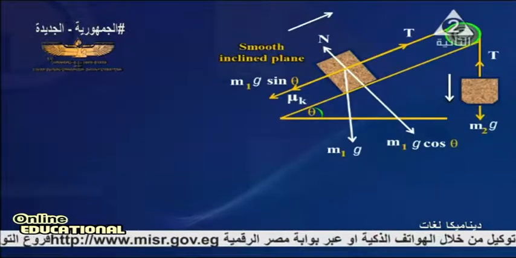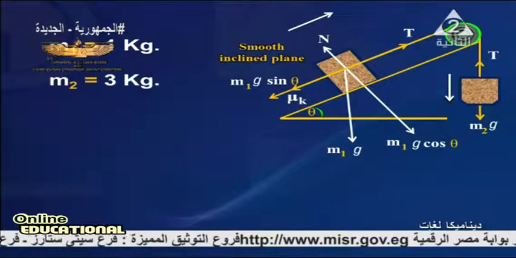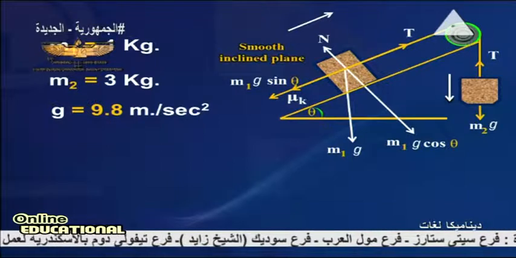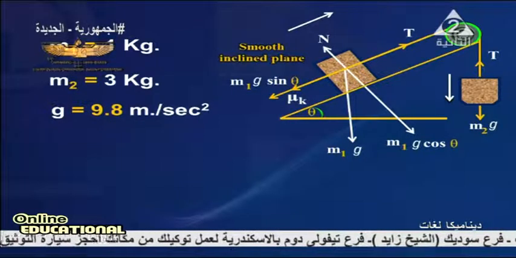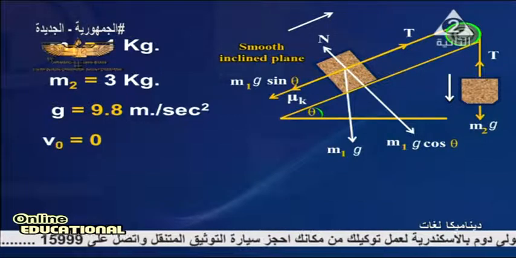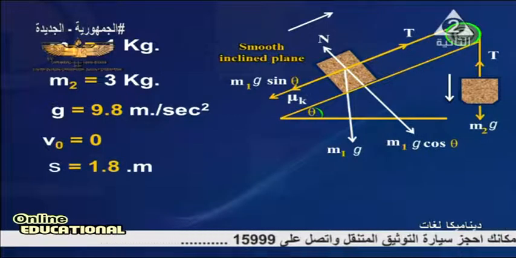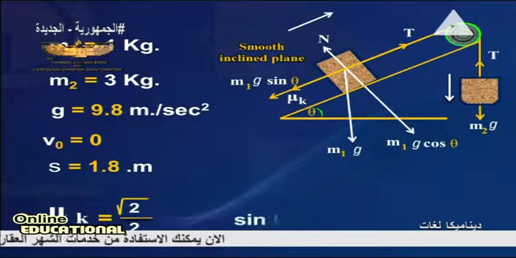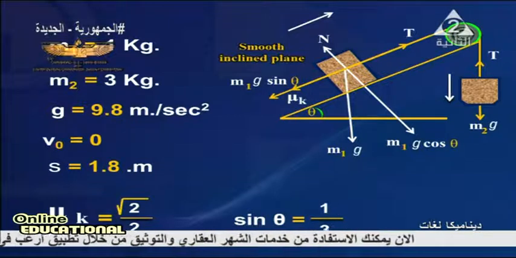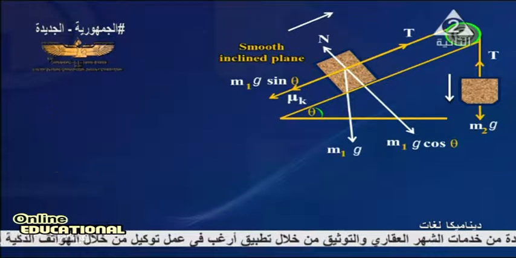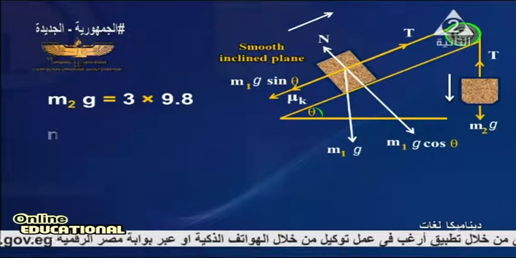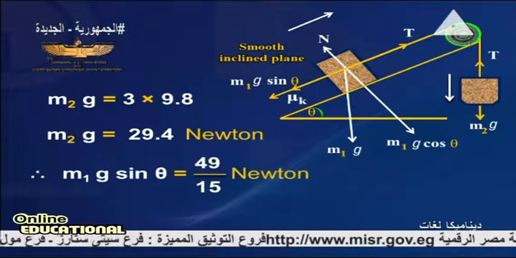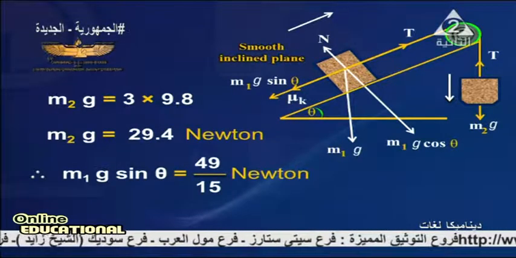Now we have M1 equals 1 kilogram, M2 equals 3 kilogram, g equals 9.8 meters per second squared, and the system starts from rest, then v naught equals 0. Travel distance 1.8 meters, mu k equals root 2 over 2, and sine theta equals 1 over 3. Now M2g equals 3 times 9.8 equals 29.4 Newton, and M1g sine theta equals 49 over 15 Newton.